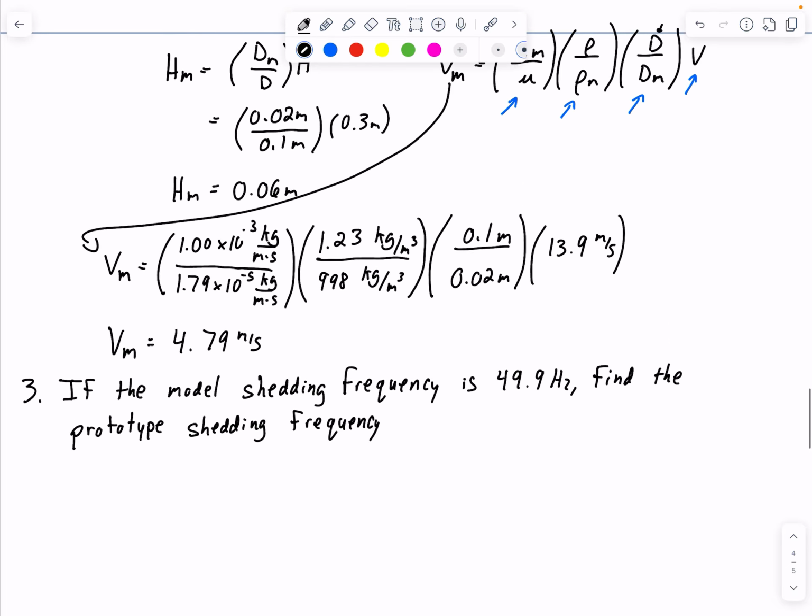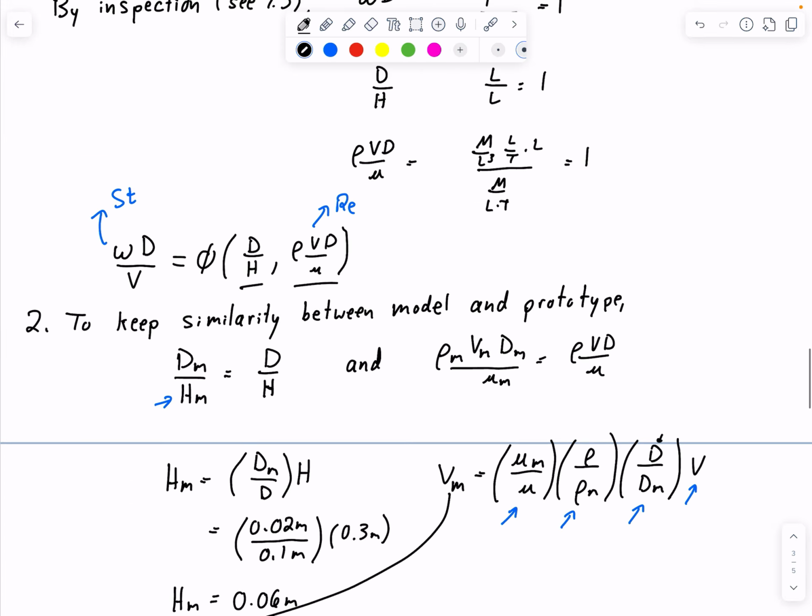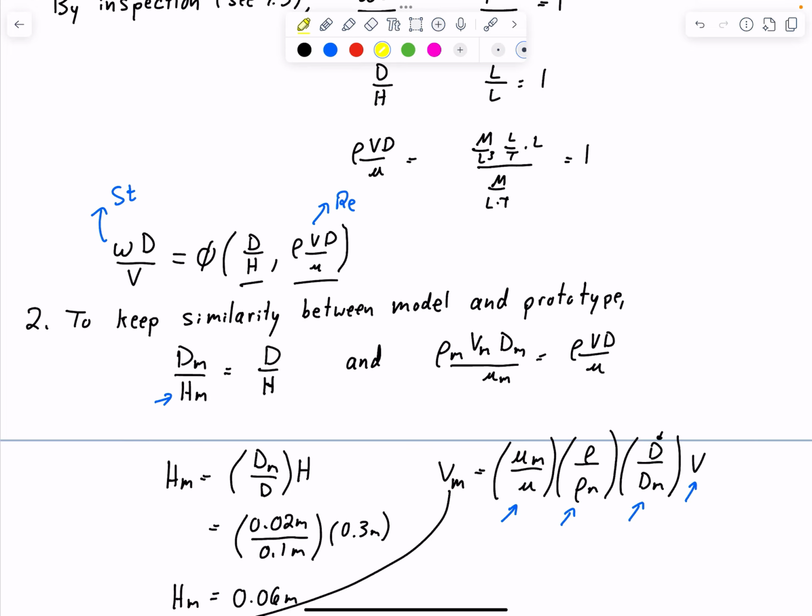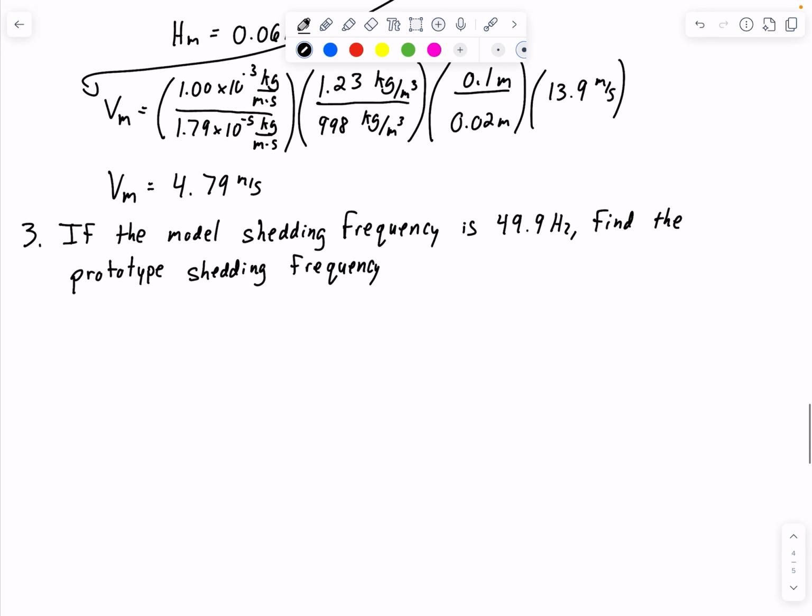And so to do this, we now return back to our relationship here. What we've done is equate this variable, and this variable. We know that those two are similar, and because of that, we know that the dependent variable is also going to be similar. So we can say omega D over V of the prototype is equal to omega of the model times D of the model divided by V of the model.